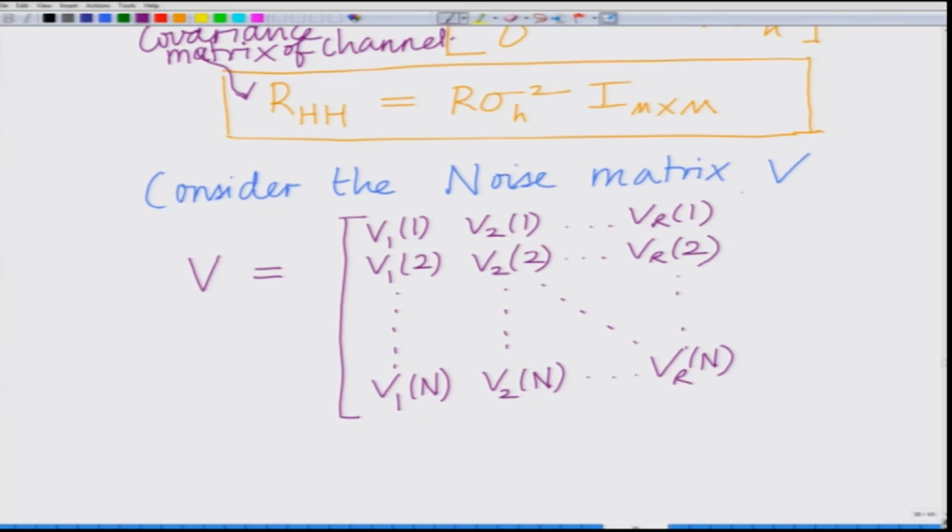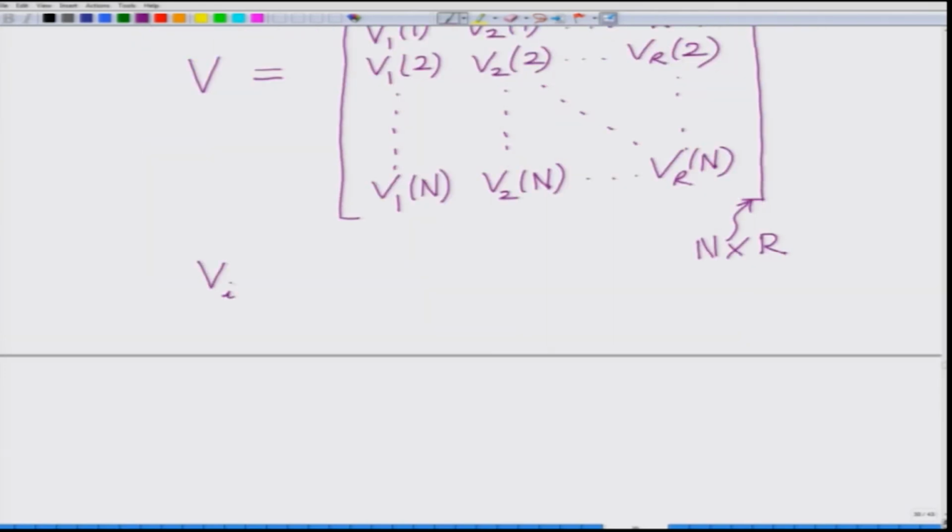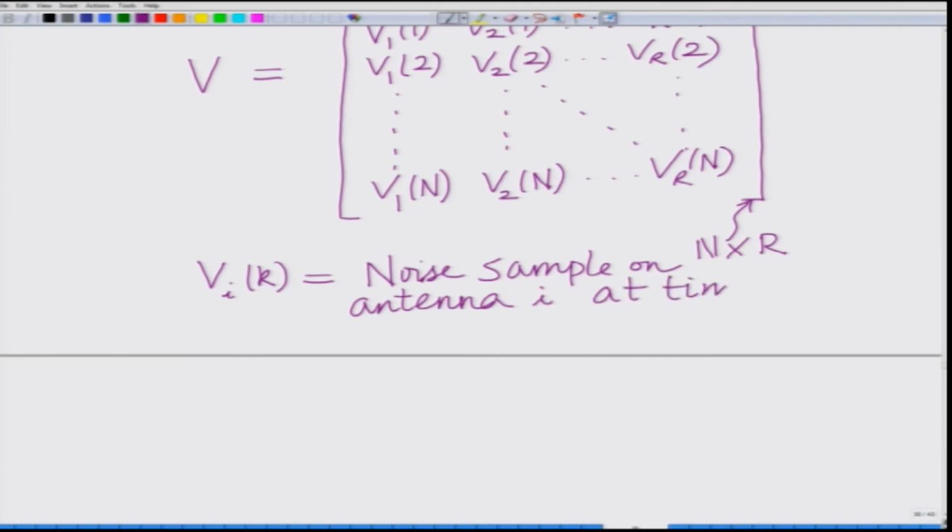This is your n cross R noise matrix, and V_ik equals the noise sample on antenna i at time k.